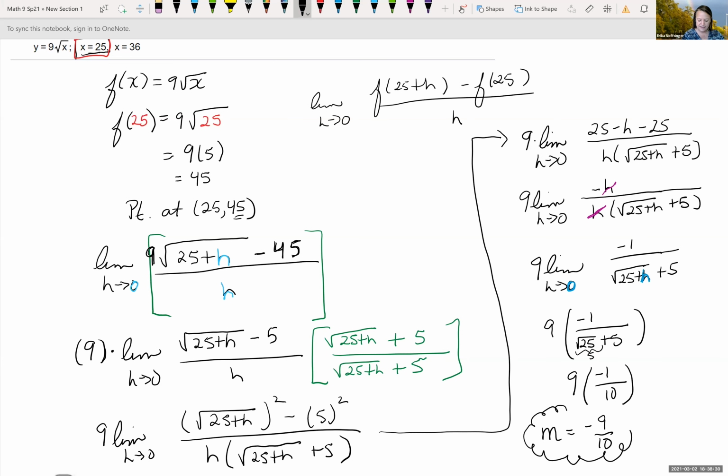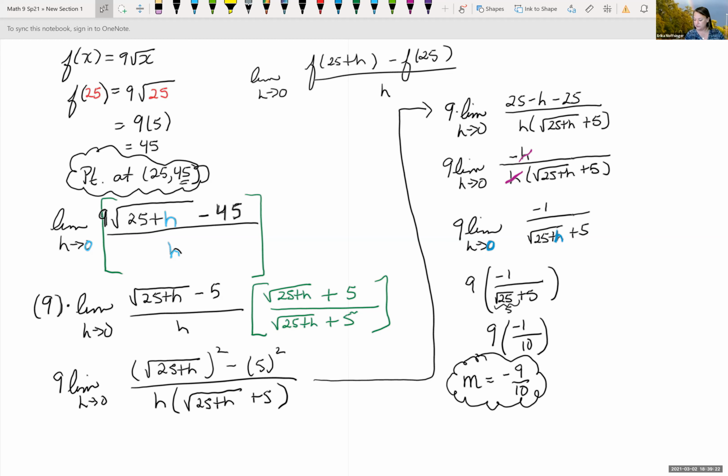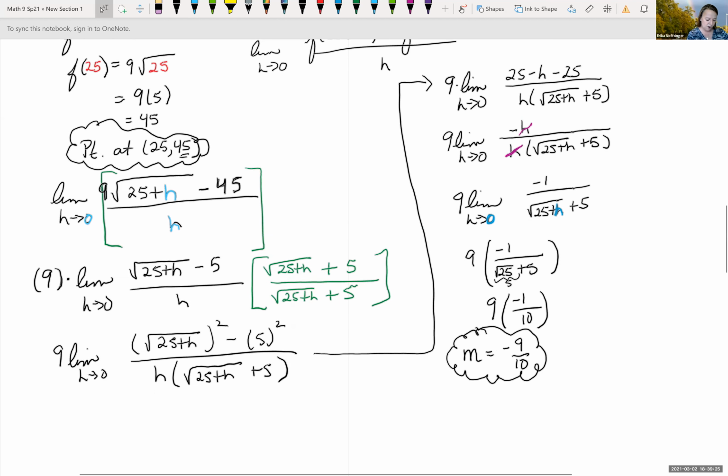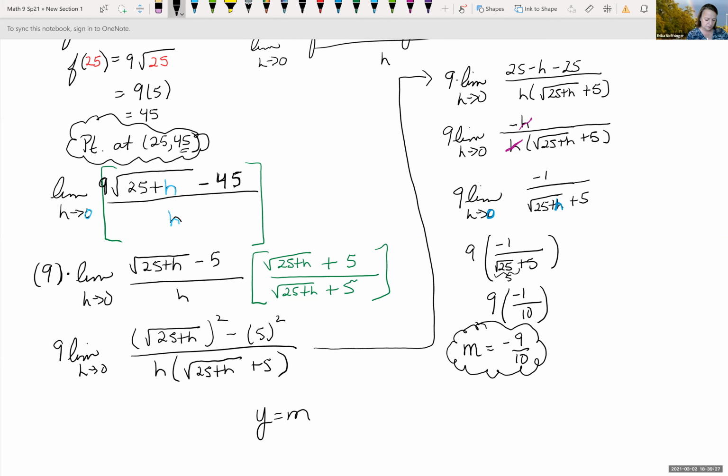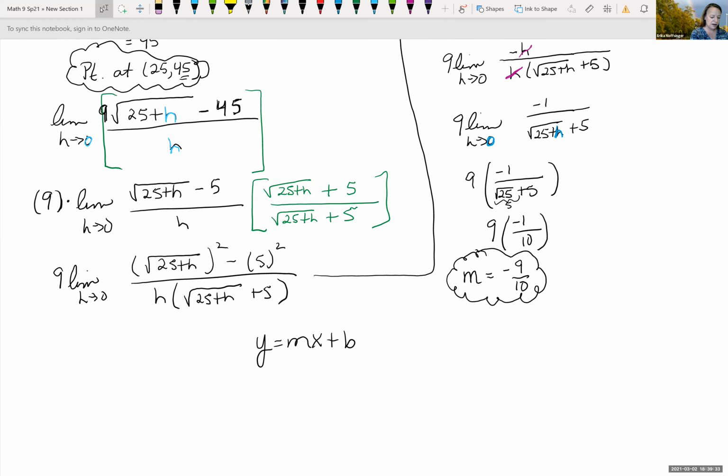So I have the slope of the line, and I have a point on the line, so I should be able to find the equation of that tangent line. Looking at the equation of the tangent line, we have y equals mx plus b. Let's plug in our point and our slope. x was 25, y was 45. So we have 45 equals our slope, 9/10, times x, which is 25, plus b.